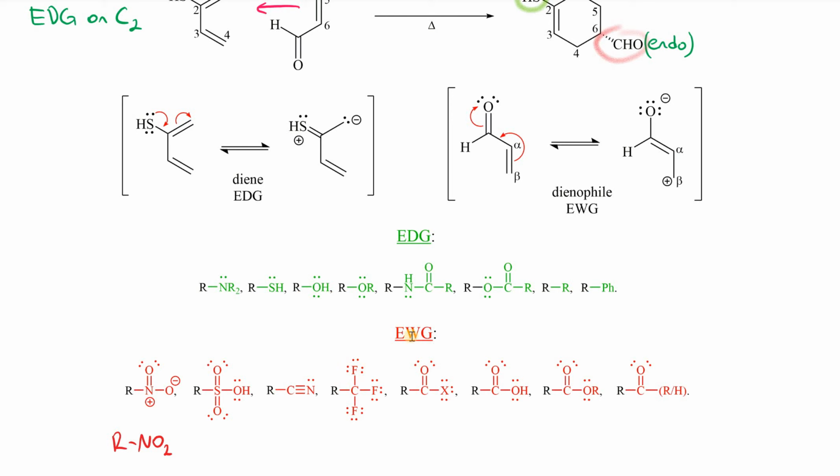It would do the withdrawal by other means than resonance. These groups are all extracting electron density by resonance. So typically, resonance has a stronger effect on electron donation or withdrawal compared to groups that are withdrawing by the inductive effect. And it turns out aldehydes or ketones right here are only mildly electron withdrawing, the strongest ones being the nitro and nitrile.